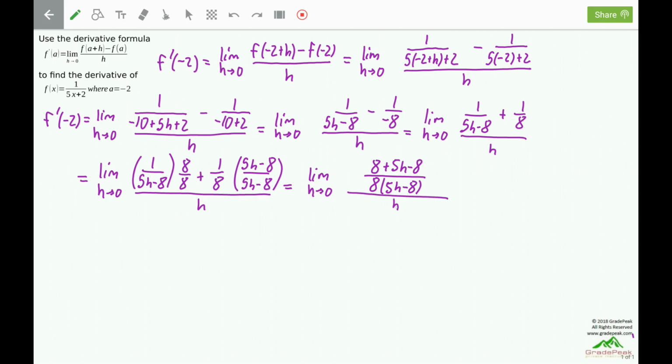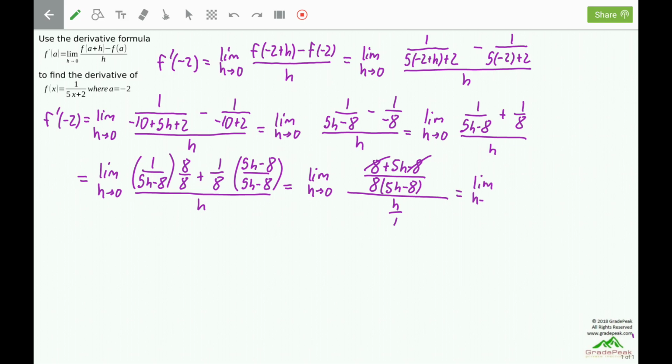And then all of this is over h. Now, in the numerator of that fraction, the 8's can cancel. We have a positive 8, we have a negative 8. Our next step is to take the reciprocal of the denominator fraction, so I'd put it over 1, so it's a fraction. We're going to reciprocate and multiply it.